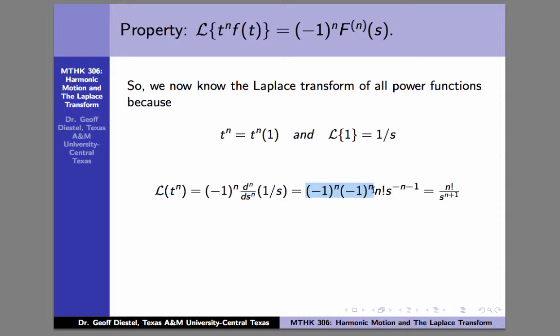That's a factorial that we're going to get. So we get this n factorial. Like 3 factorial, 3 times 2 times 1. 5 factorial, 5 times 4 times 3 times 2 times 1. And then after we've differentiated 1 over s n times, we have a power of negative n minus 1. So that just simplifies this to what we have here, n factorial over s to the n plus 1.